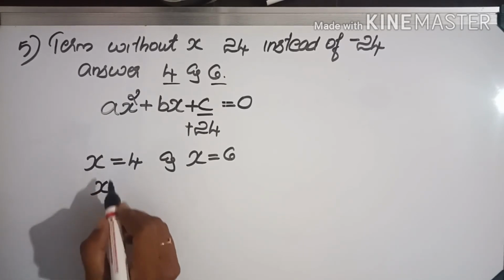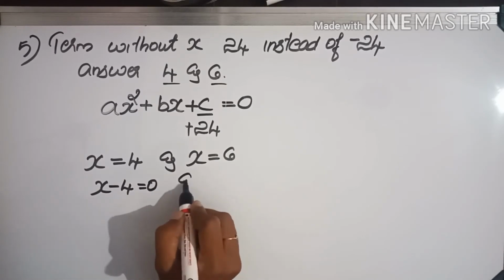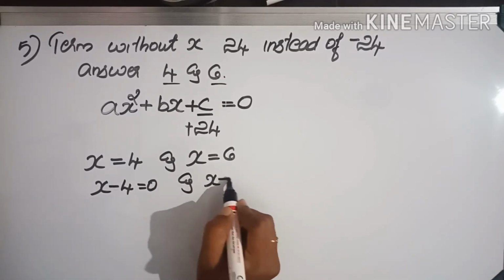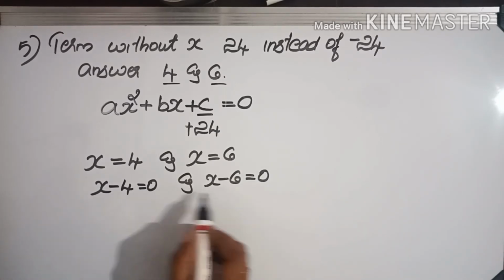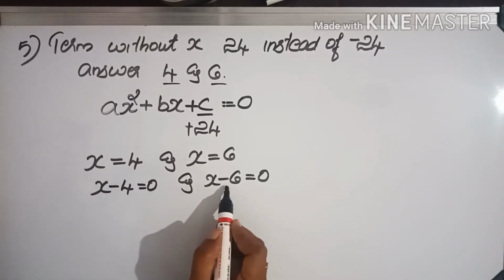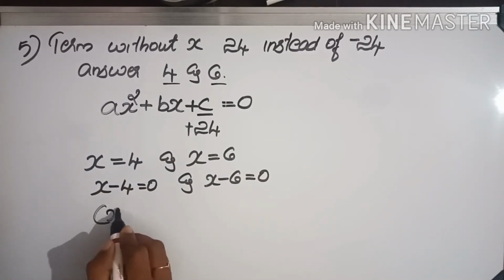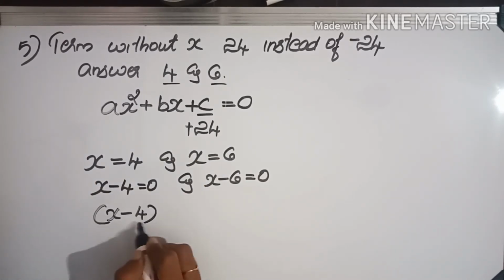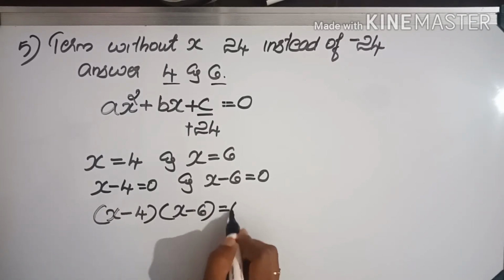x minus 4 equal to 0 and x minus 6 equal to 0. By multiplying these two, we will get the second degree equation. I will show you, that is x minus 4 into x minus 6 equal to 0.